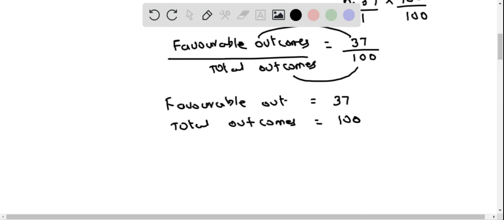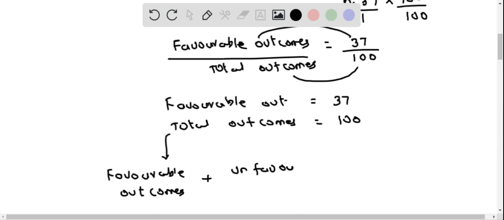However, we need the unfavorable outcomes. For this, we write the formula for total outcomes. This is basically the sum of favorable outcomes plus unfavorable outcomes, and so this equals 100.